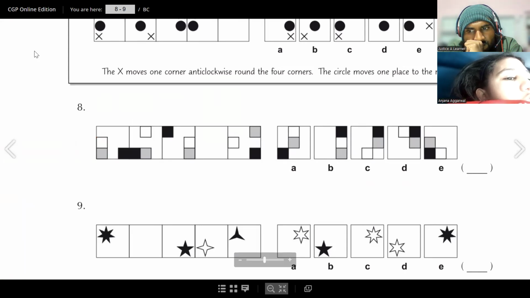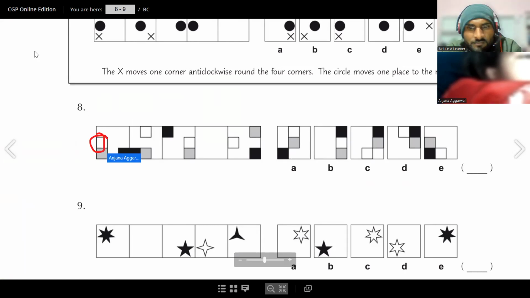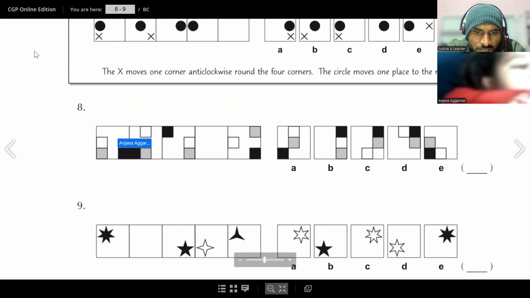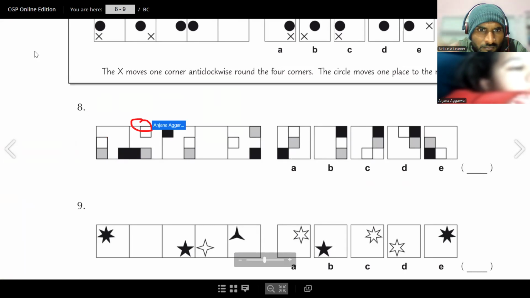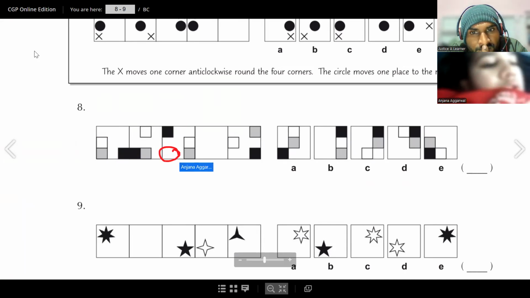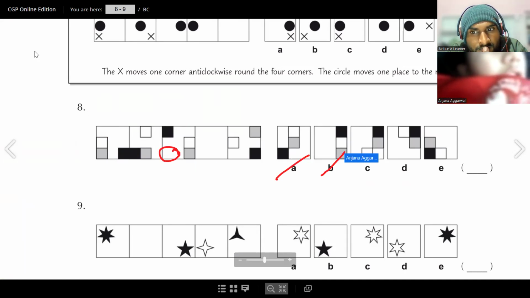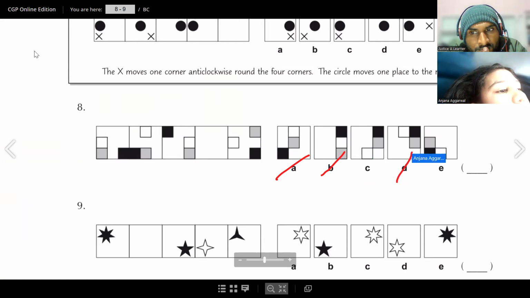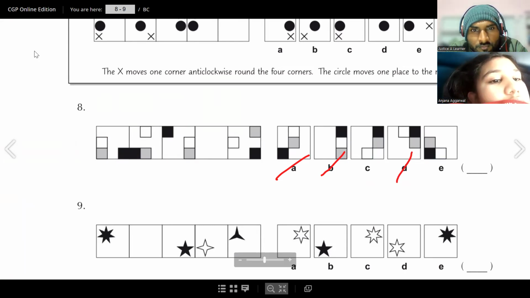So what I understood was that this shape moved twice to get here. This shape moved twice to get there. This shape moved twice to get in the middle. So the answer is not that, and the answer is not that. The answer is not that. Yeah.